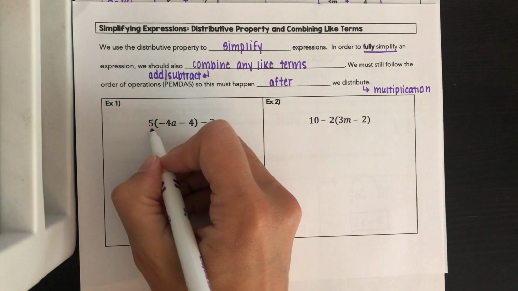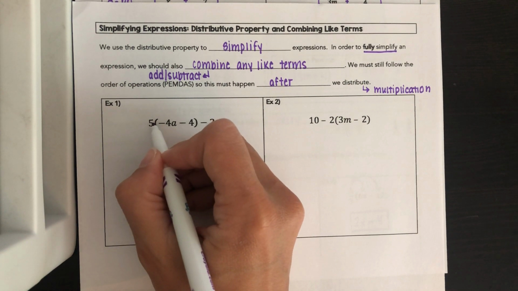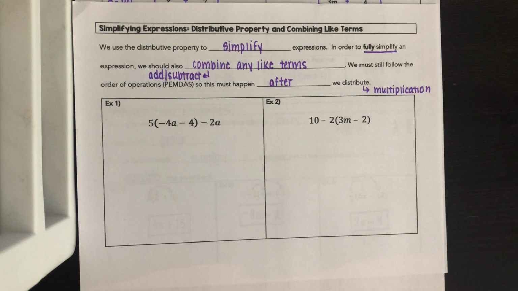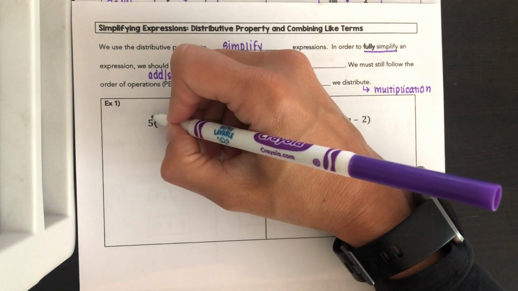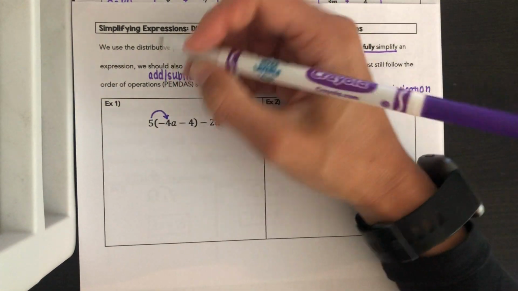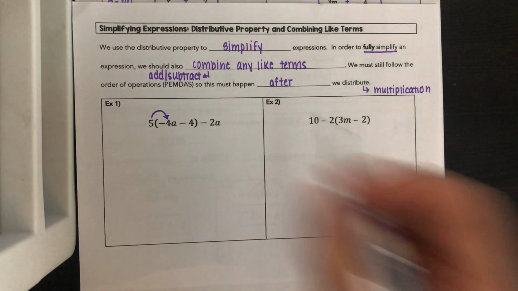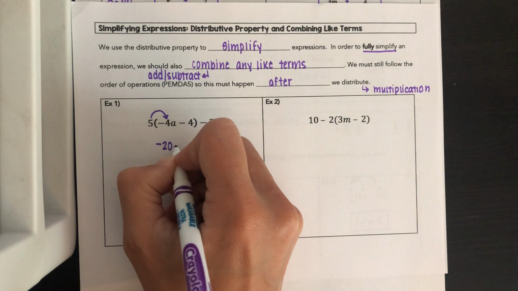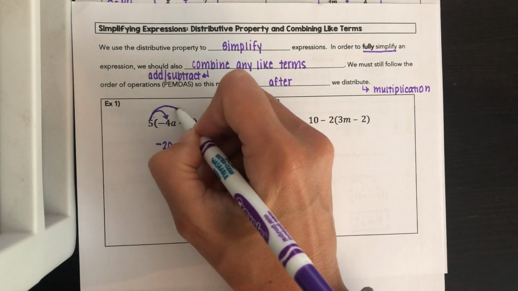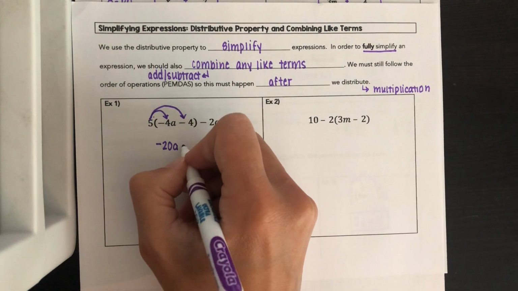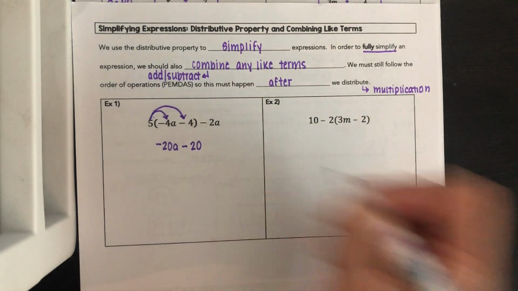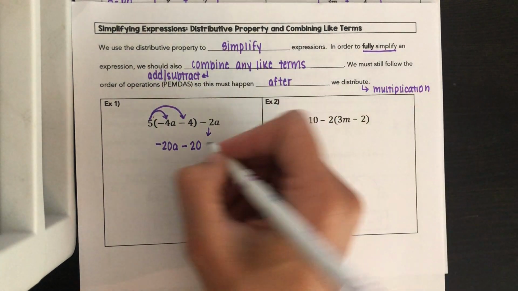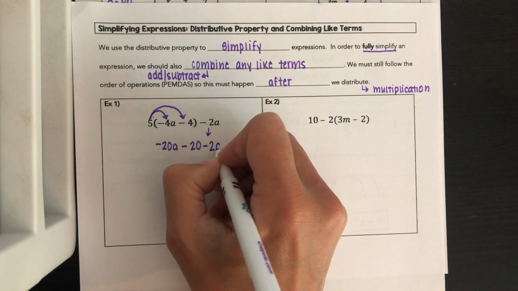When we distribute our 5, this number outside the parentheses, or what's being multiplied by the items in the parentheses, we're only going to distribute to the items inside of the parentheses. So 5 times negative 4a would be negative 20a, and 5 times negative 4 would be negative 20, so we're going to subtract 20. And we can't forget about this negative 2a, so we're just going to bring that on down.